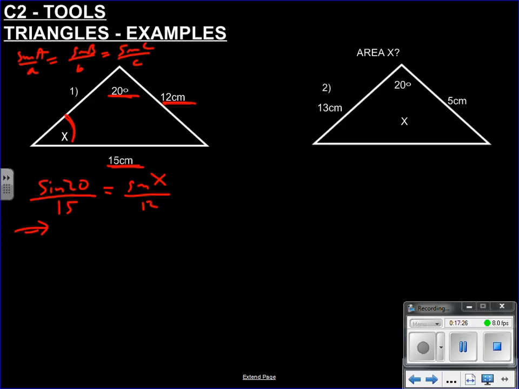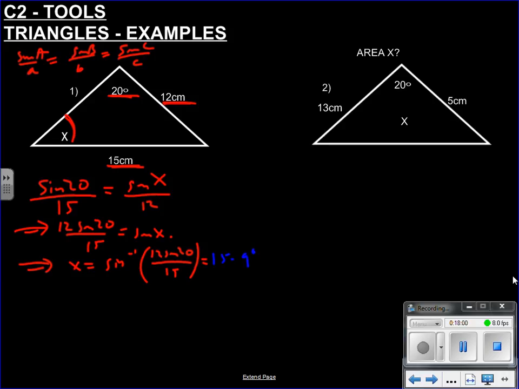So therefore, timesing up by 12, 12 sine 20 over 15 must be sine X. And if I want to find X, I need to do sine to the minus 1 on my calculator, and I get X is equal to, just make sure your calculator's in degrees, so sine to the minus 1 of 12 sine 20 over 15. So this is 15.9 degrees to 3SF.